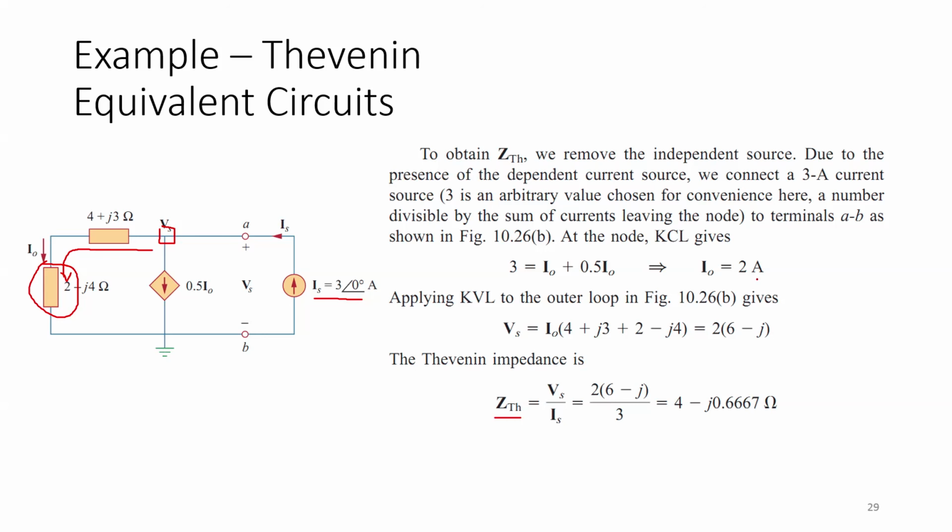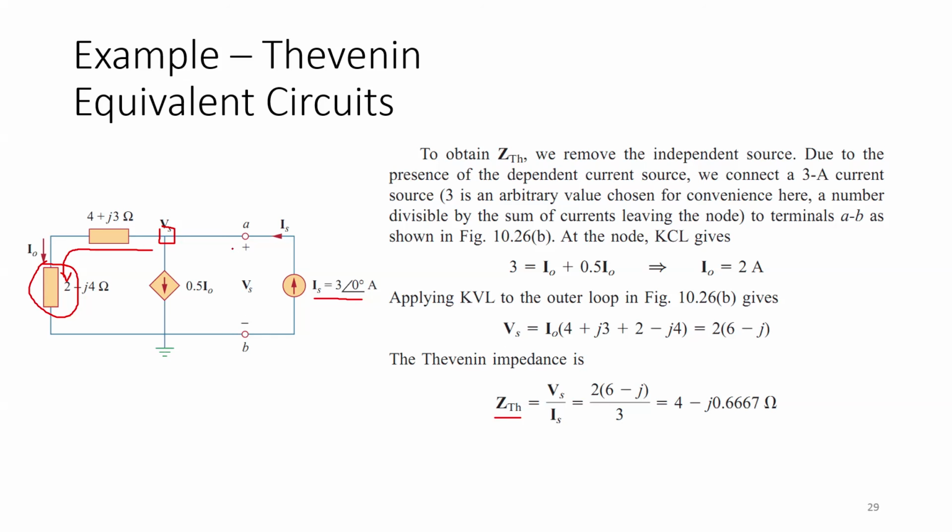So if I naught is 2 ampere, then applying KVL to the outer loop, we have this voltage Vs equal to I naught times (4 minus j2) and (4 plus j3). This I naught current is flowing through both of these impedances, so the voltage drop across these two is I naught times their value.